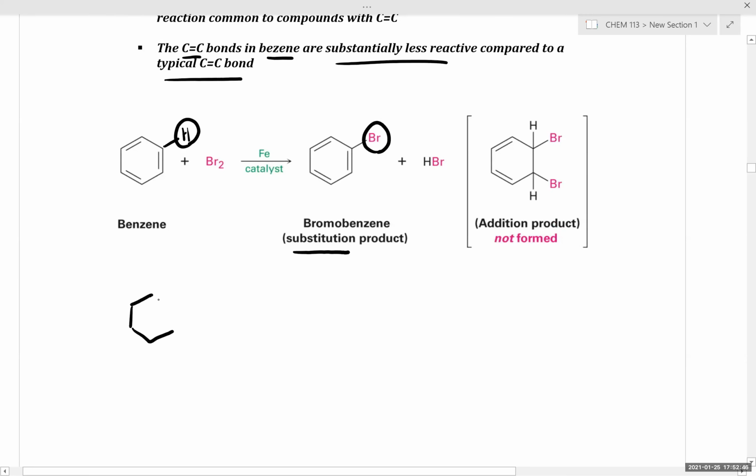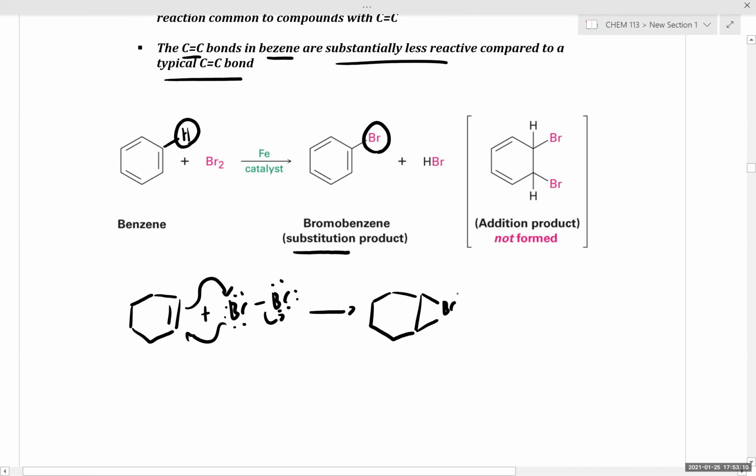So for example, if you have hexene and you treat it with bromine, it will immediately and quite efficiently react to yield the addition product. Sorry about that. One moment. Just to show the full mechanism, as a refresher.